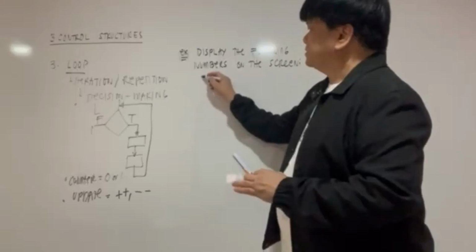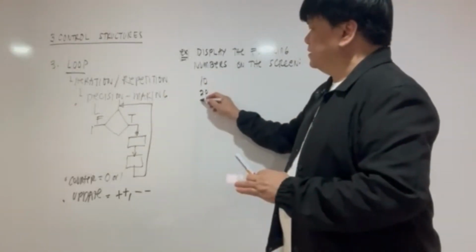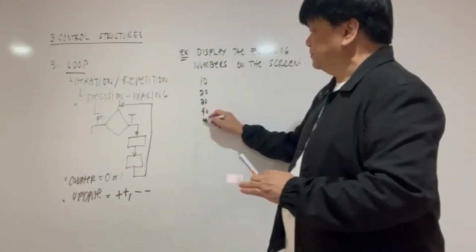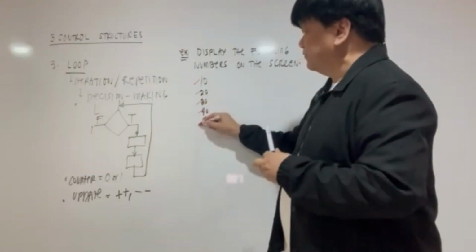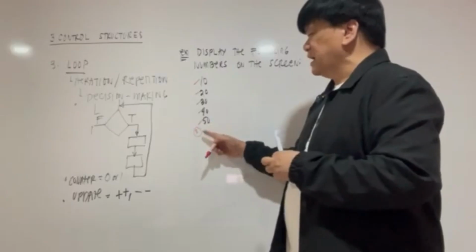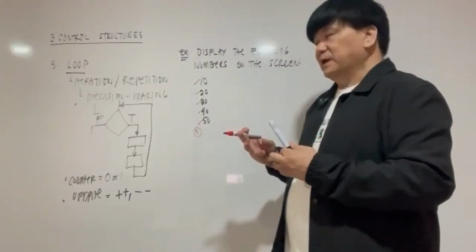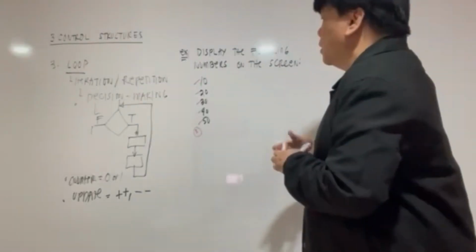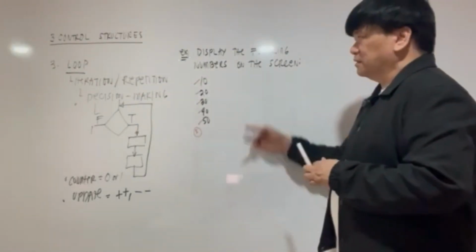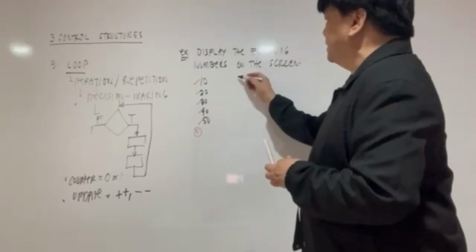And these are 10, 20, 30, 40, and 50. As you can see, we have 1, 2, 3, 4, 5 numbers, so that will be the maximum loop iterations. Now that will be happening later. So let us start with the flowchart for this problem.